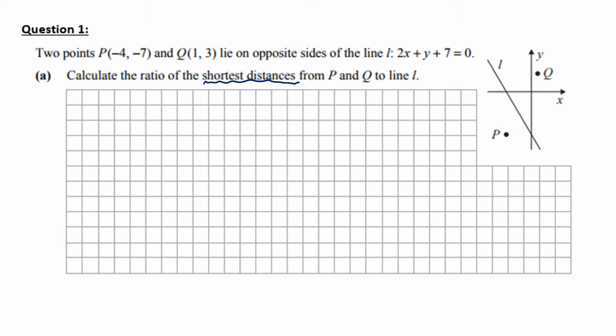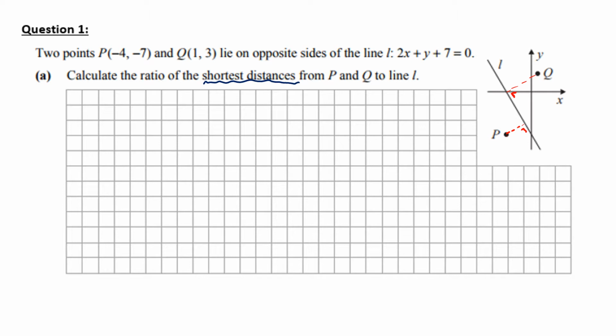So if we take a look at this diagram here, just bear with me because I haven't got a ruler on this, but we're basically trying to calculate this perpendicular distance here, and this perpendicular distance here.